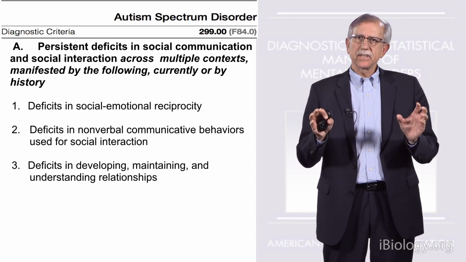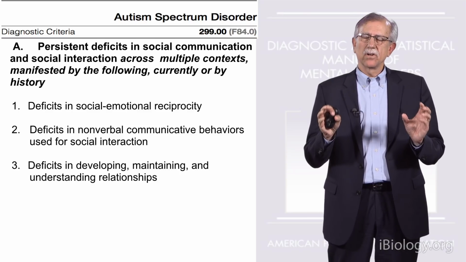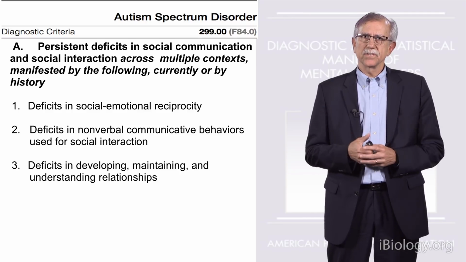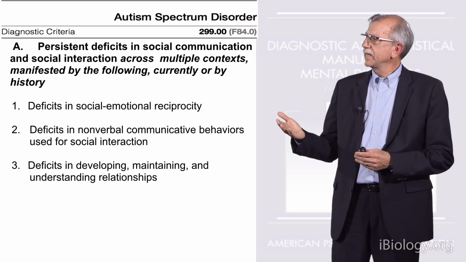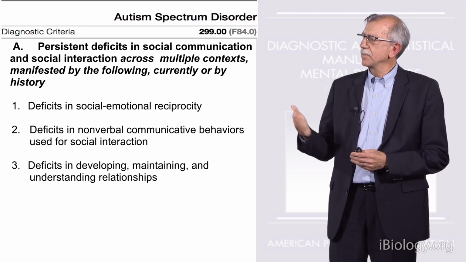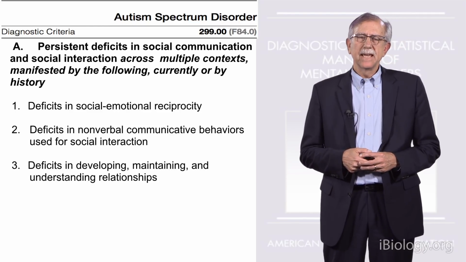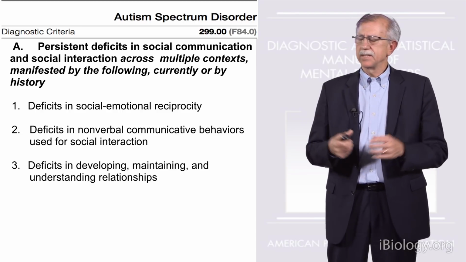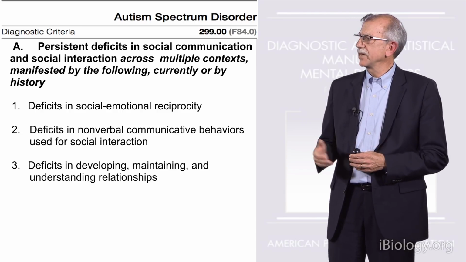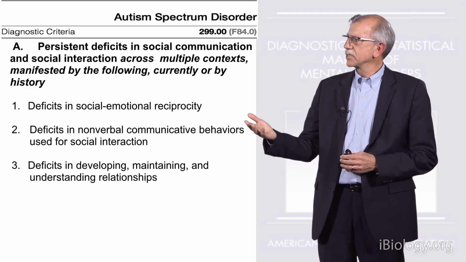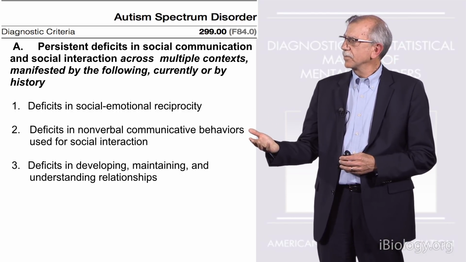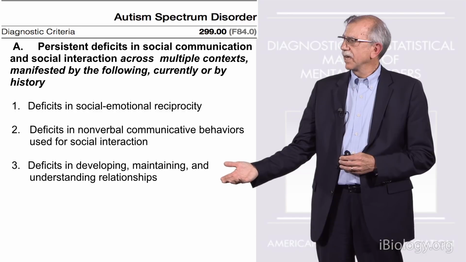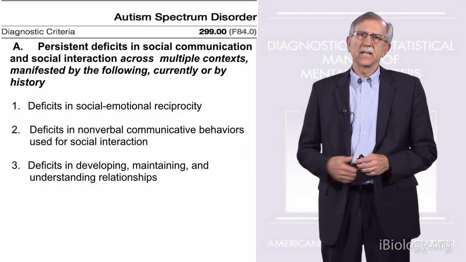There are two criteria that the DSM-5 calls out for the diagnosis of autism. One is deficits in social communication and social interaction. And the three areas that we need to see in order to satisfy this major criterion are deficits in social emotional reciprocity, in nonverbal communicative behaviors, and in developing, maintaining, and understanding relationships.